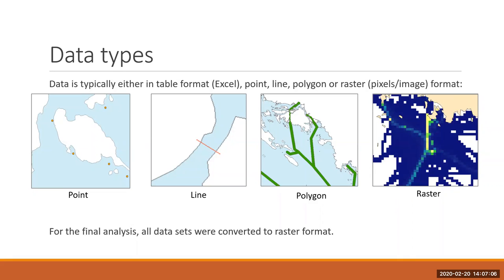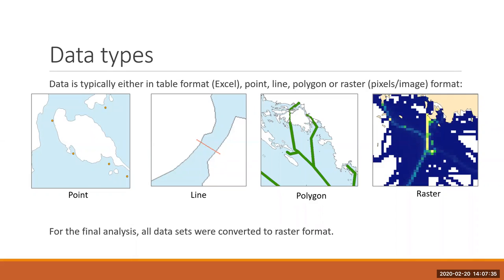And then we have polygons that are figures, and for them you can calculate an area. And then we have rasters that are basically images with pixels. And the pixel size can vary. For SEAmBOTH, we used 20 times 20 meters.